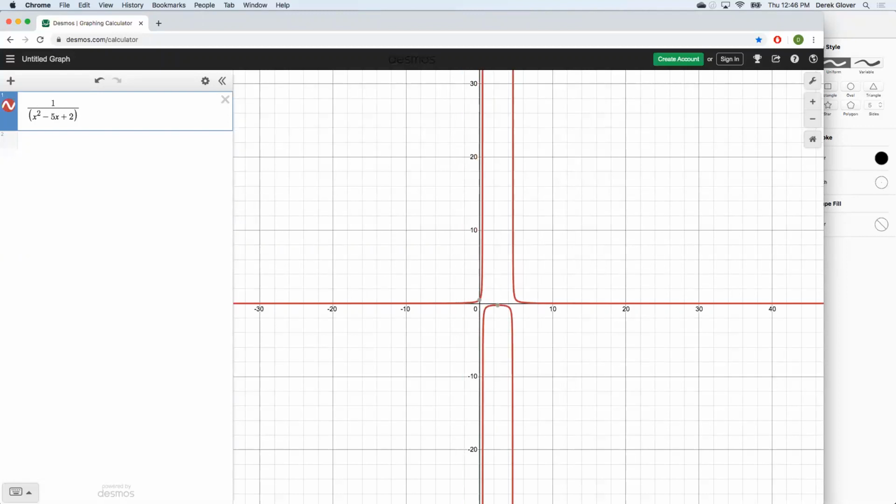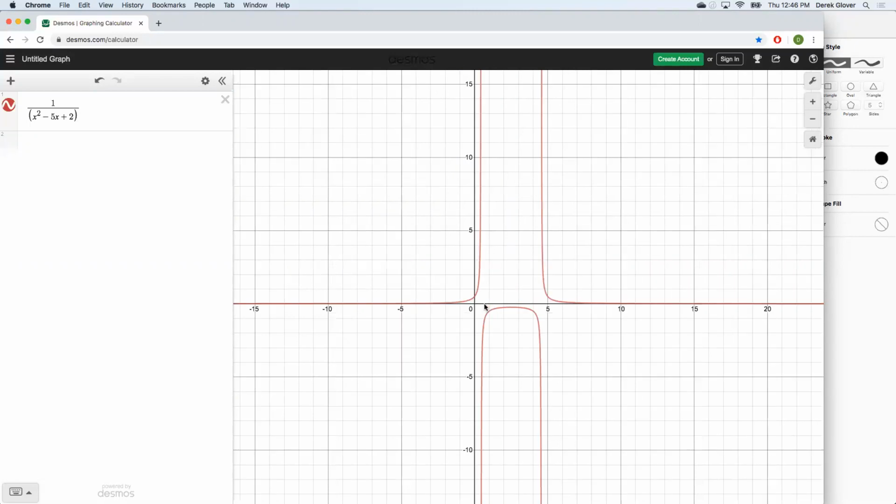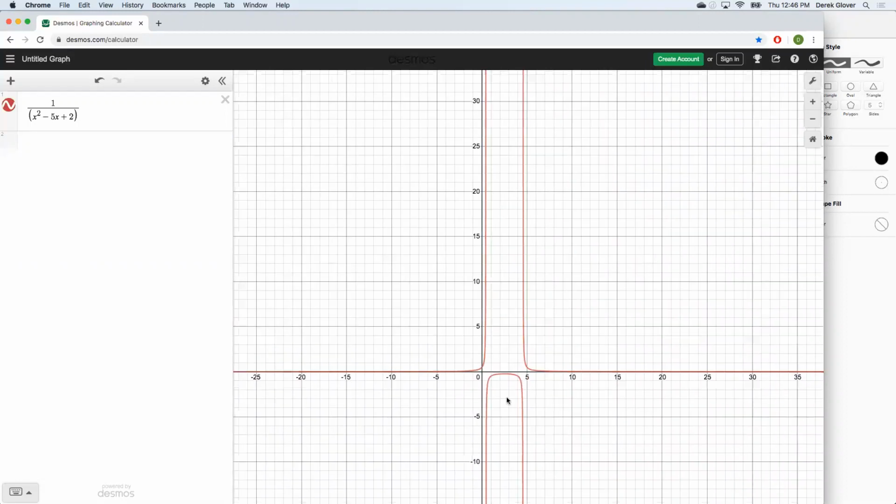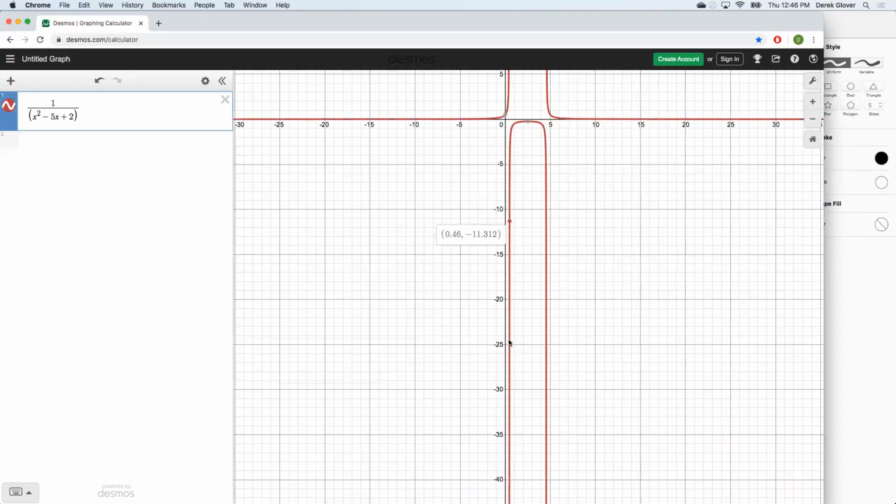It looks something like this. Now, I can see my vertical asymptotes are going to appear at places where x can't exist. It looks to me like we're getting ever so close to x equals 0.4, but we're not passing it.